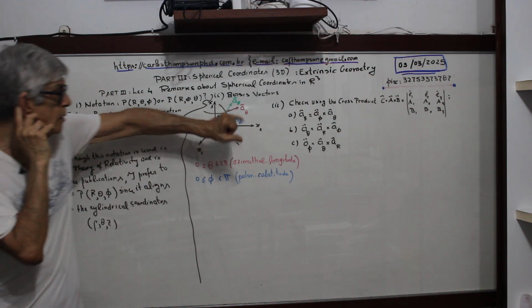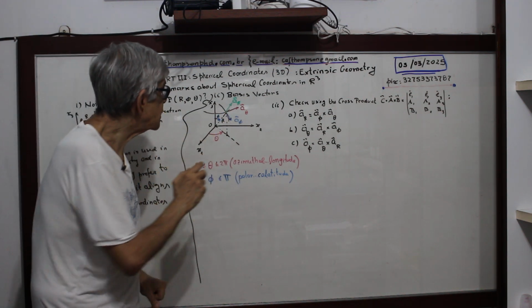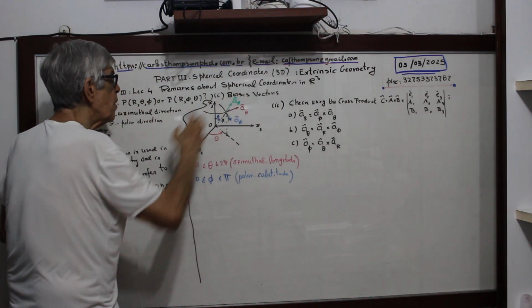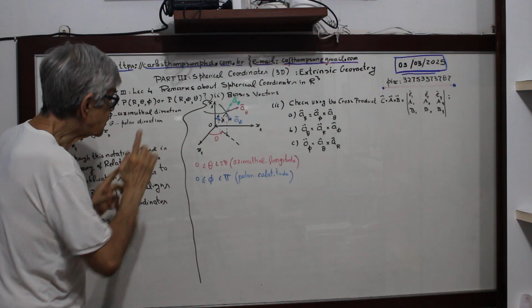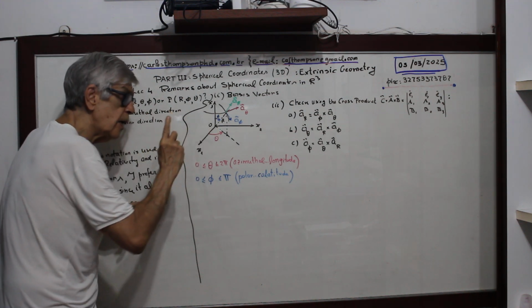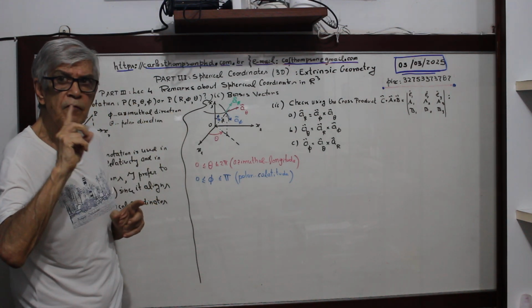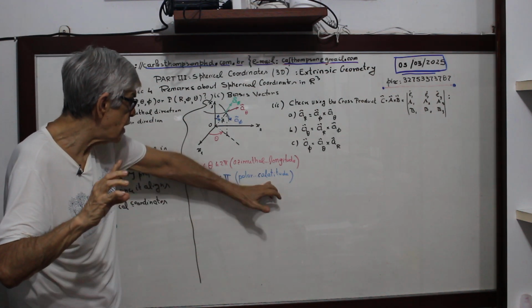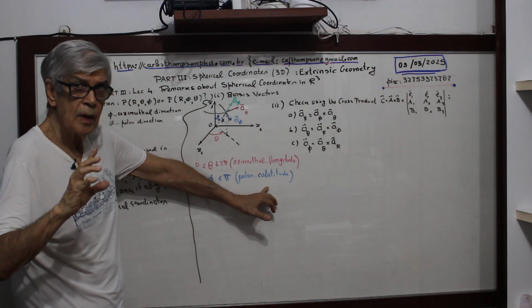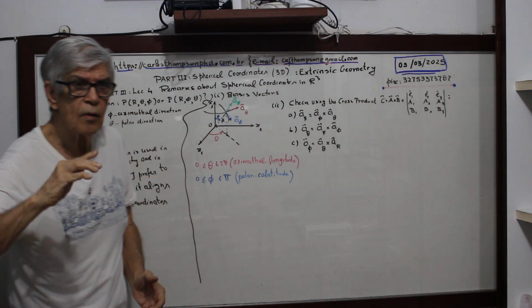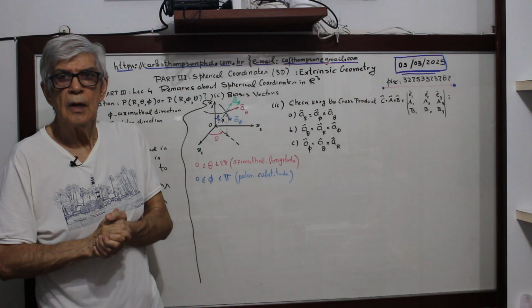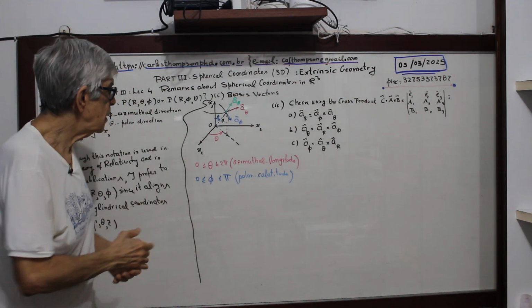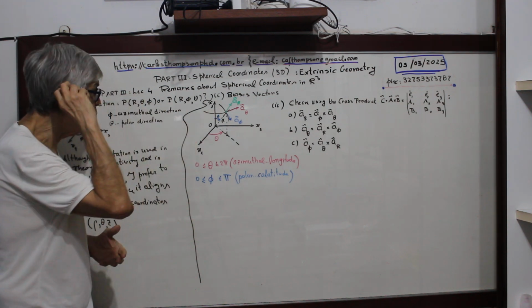Now, the second one is the basis vector. There's a drawing about the basis vector. Phi is not latitude. In this case, phi is co-latitude, because latitude, with the Earth analogy, starts from the equator, and this is from the North Pole.